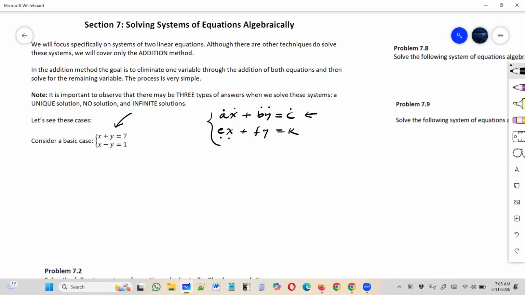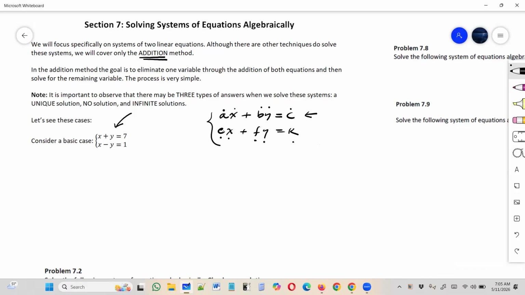Okay, same thing. A coefficient multiplying x, a coefficient multiplying y, could be positive, could be negative, and then another number over there. Now, there are a couple of different techniques to solve these linear systems, but we're going to focus on the addition method because the addition method is the most important one, is the most efficient one.